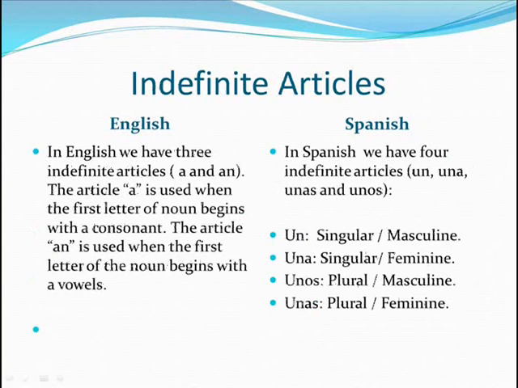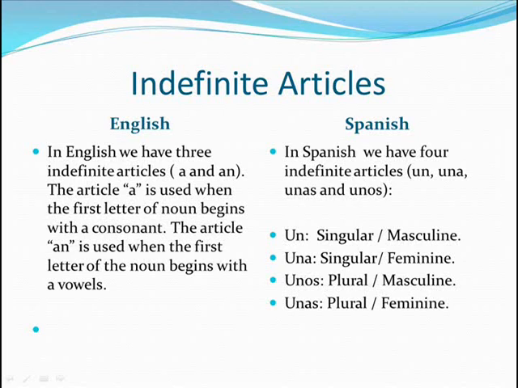Indefinite articles. In English, we have two indefinite articles: a and an. The article a is used when the first letter of the noun begins with a consonant. The article an is used when the first letter of the noun begins with a vowel.